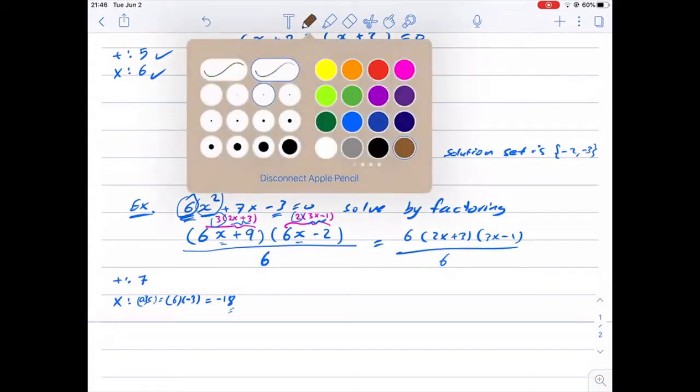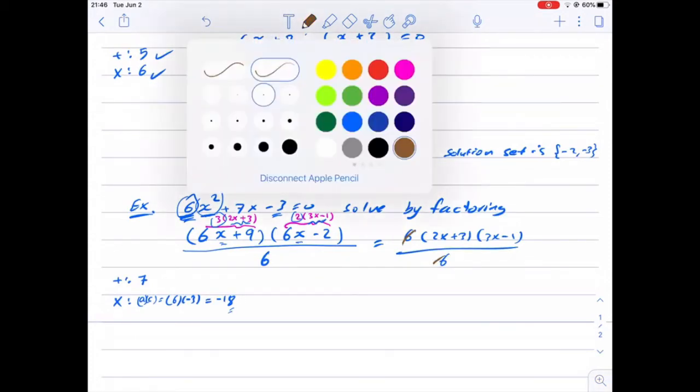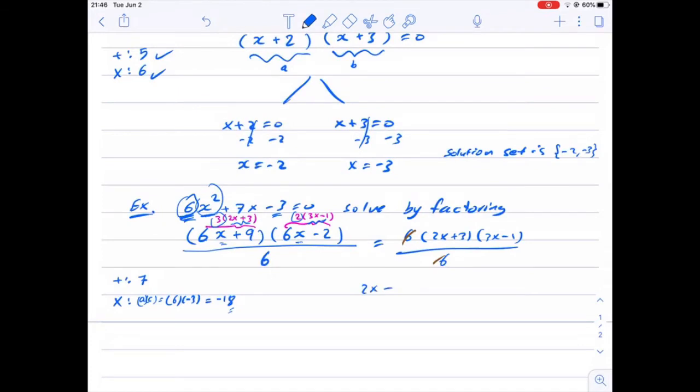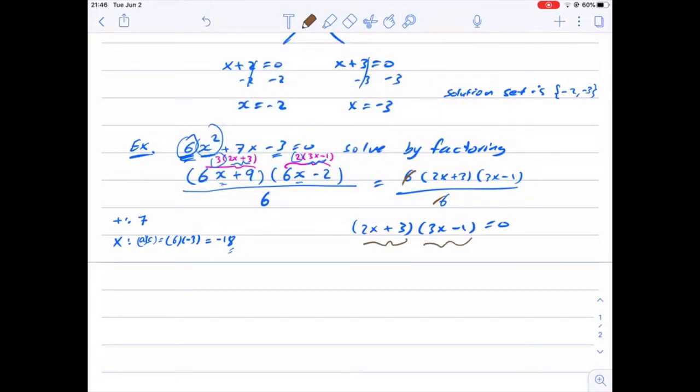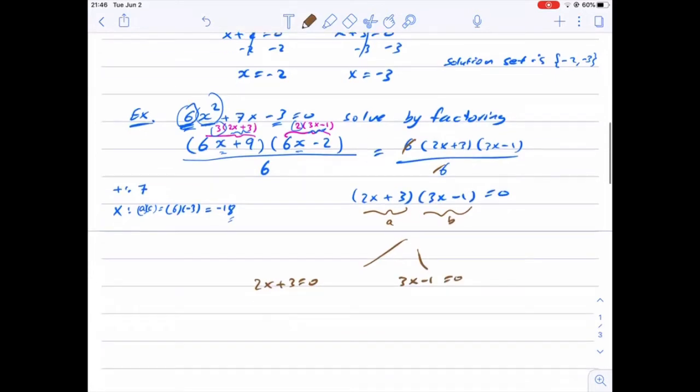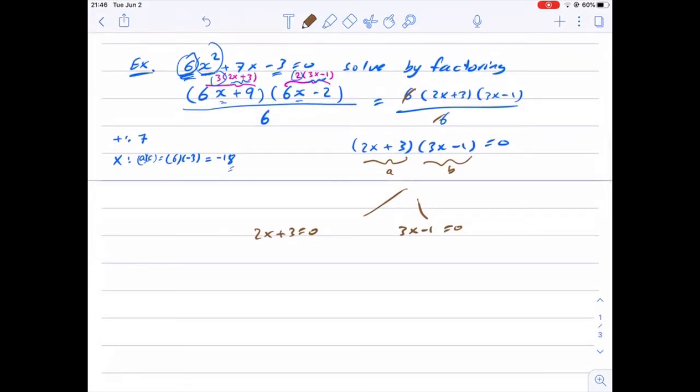And then we can cancel the 6 and get 2x plus 3 times 3x minus 1 equal to 0. And then we can apply the zero factor property. This is A, this is B. So we have 2x plus 3 equals 0, or 3x minus 1 equals 0, or both of them equal 0.